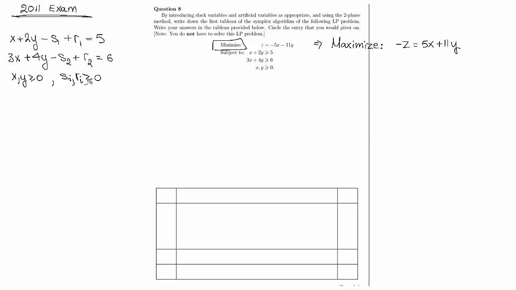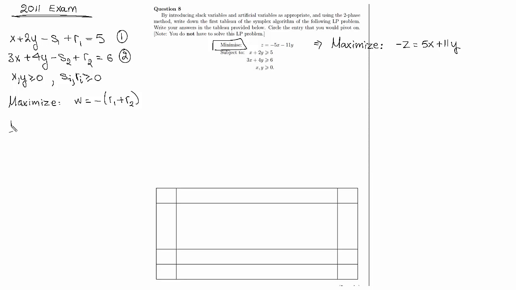Now, for phase 1 of the two-phase method, we want to maximize w, where w is minus the sum of the artificial variables. So it's minus r1 plus r2. And now we need to express this w with basic variables. So we're going to name this 1 and this is 2.